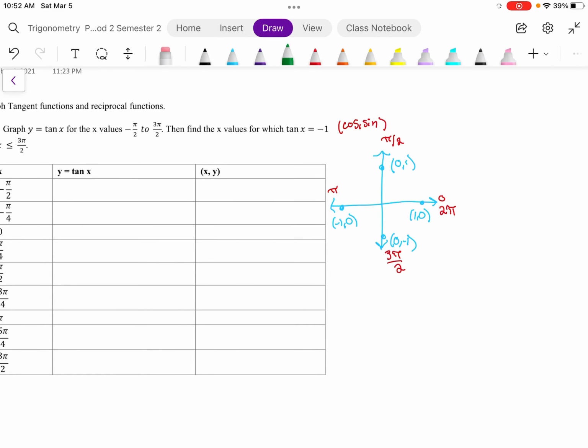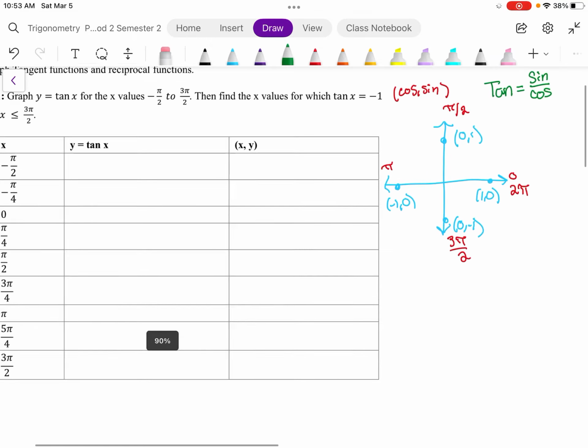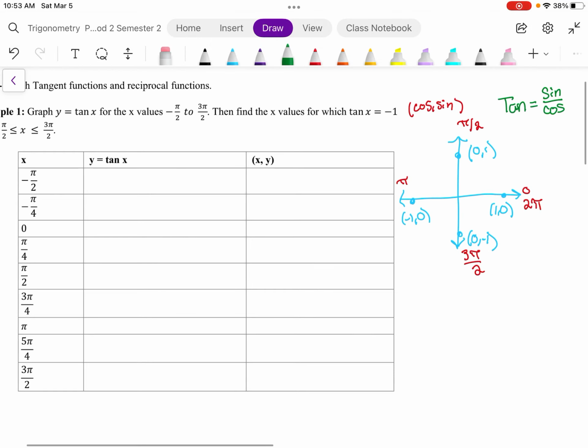And if you remember back to a few chapters ago, we talked about how tangent was equal to sine over cosine at that value. So we're going to set up those fractions and use those to figure out what our tangent equals.